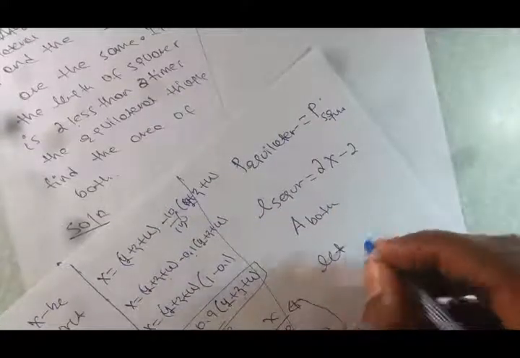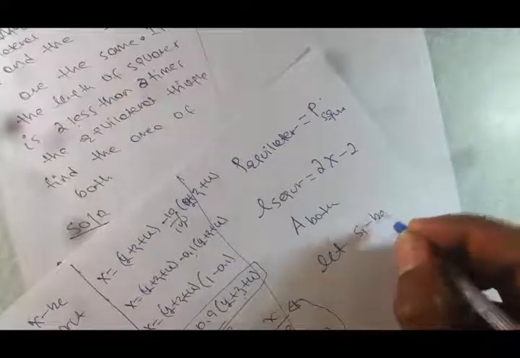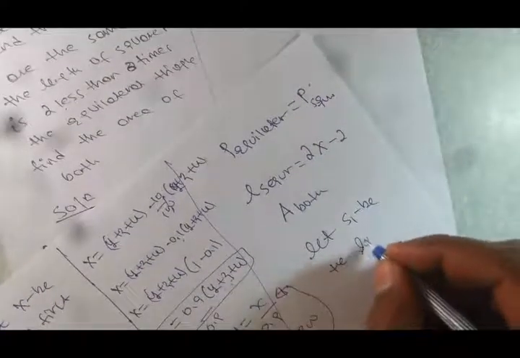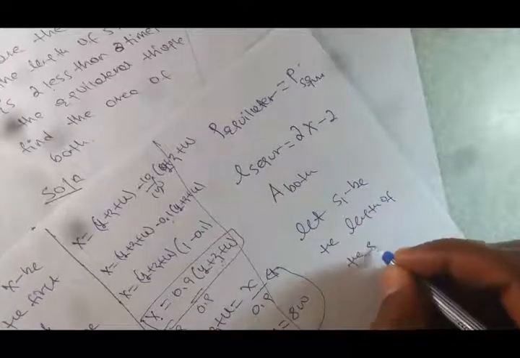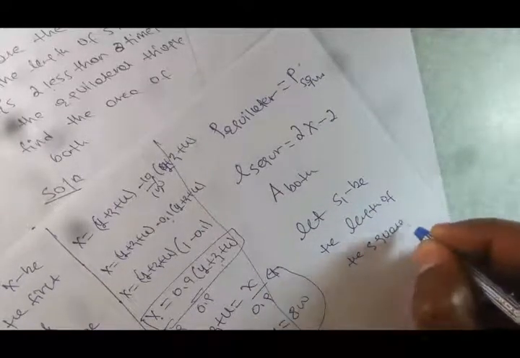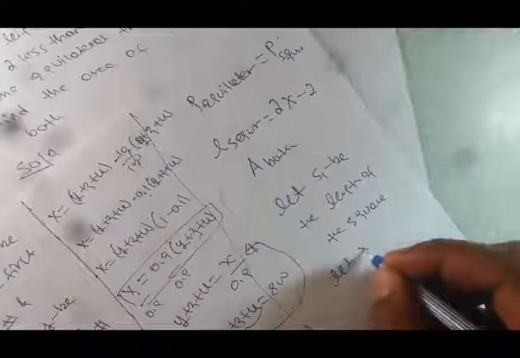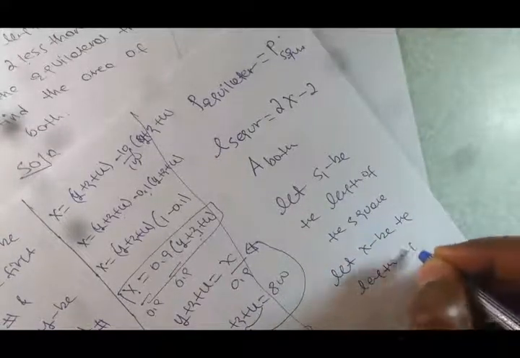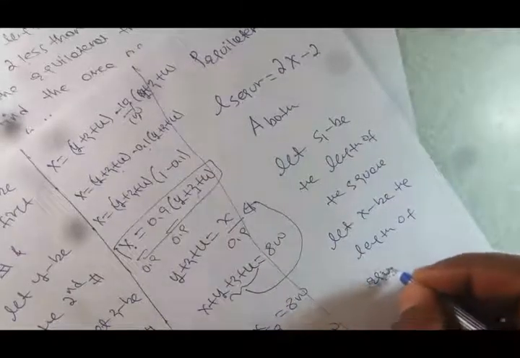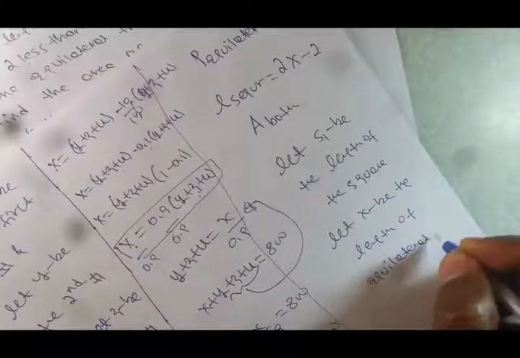Let S1 be the length of the square, and let x be the length of the equilateral triangle.